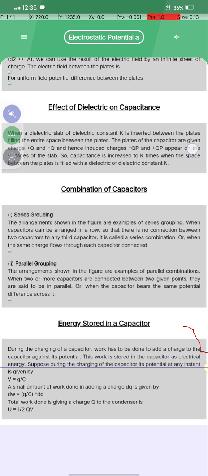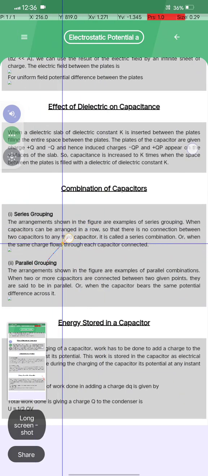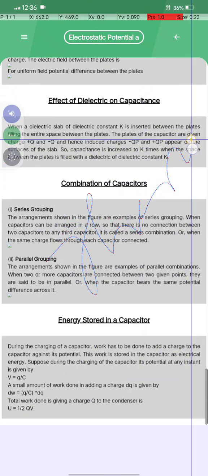Suppose during the charging of the capacitor, its potential at any instant is V = q/C, and a small amount of work done in adding a charge dq is given by dW = (q/C) dq. The total work done in giving a charge Q to the capacitor gives U = ½QV. Okay, thanks guys, for watching the video till the end.